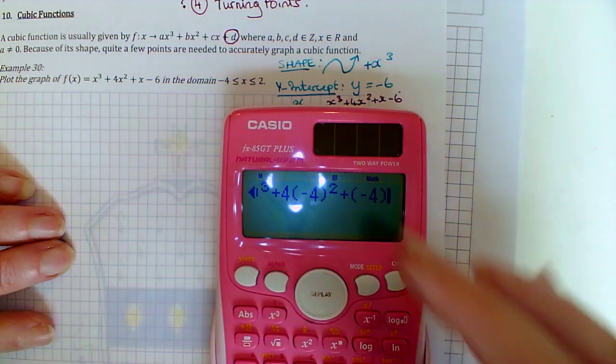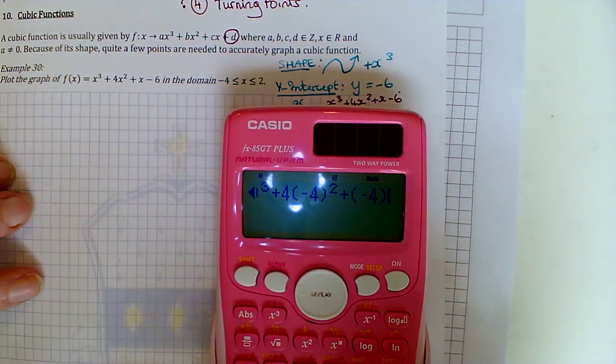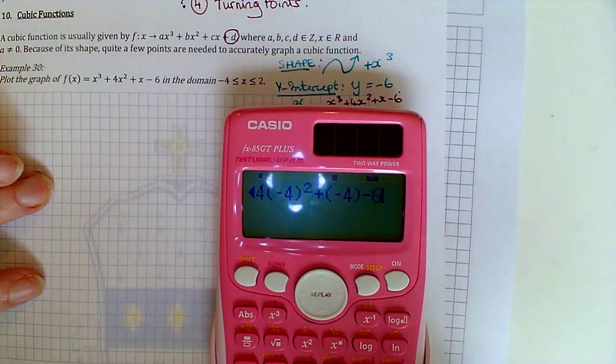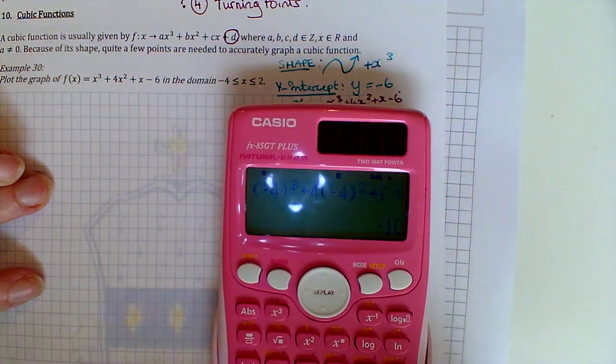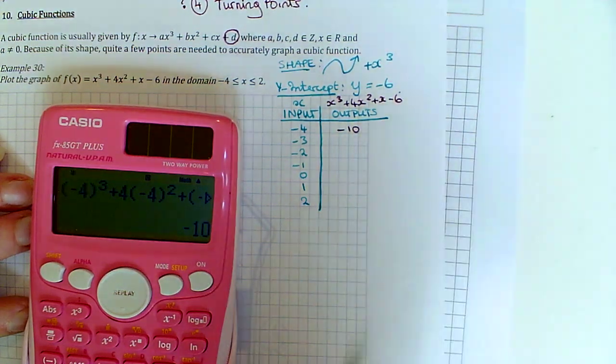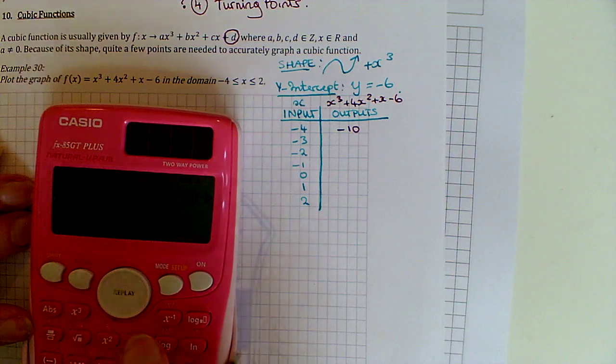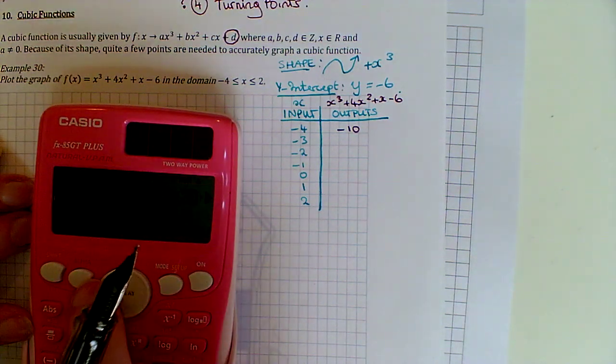I'm putting the plus minus in there because later I'll be replacing the x values with different x values, and then take 6. So I've typed in my function and I get that minus 10 is my output for that first value. And then I just use my arrows to come back and change all of those minus 4s to minus 3s.